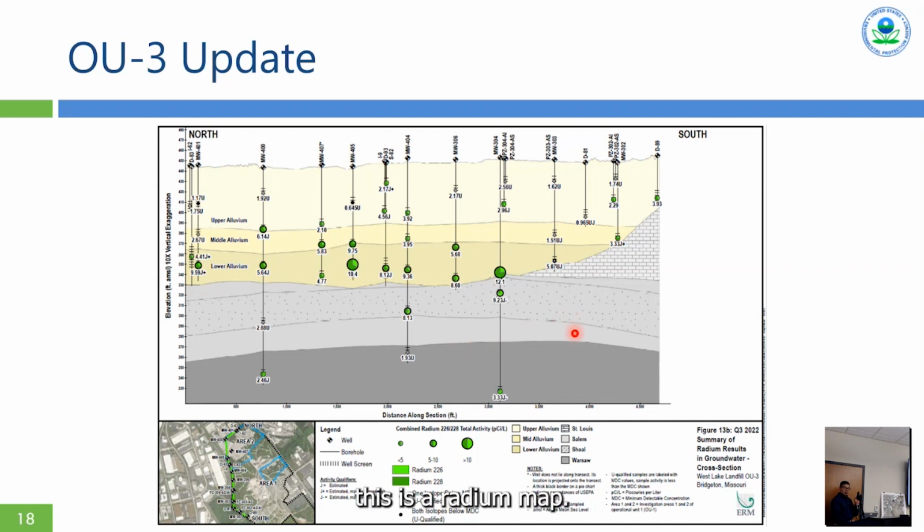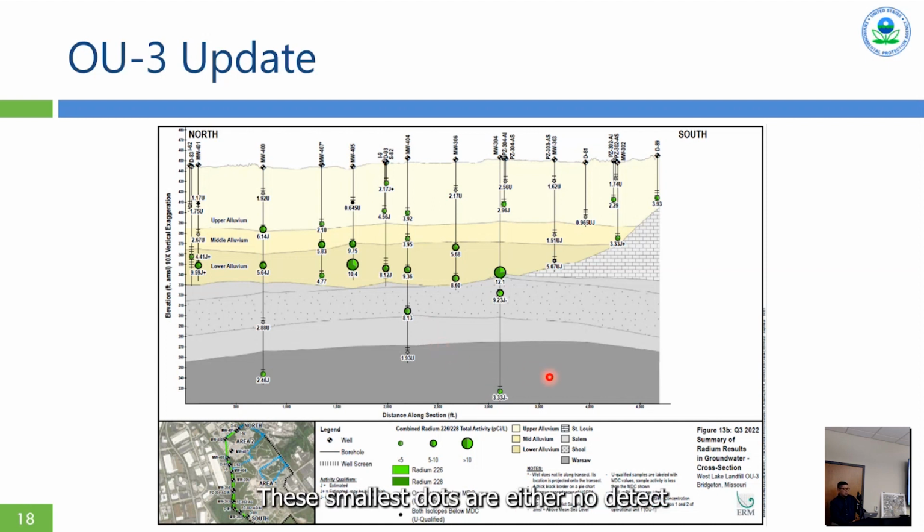This is the radium map, taken from the 2022 annual report. We don't have the 2023 report yet, so we're using this one. This shows radium in the wells. Each one of these vertical lines represents a well or a series of multi-level wells.